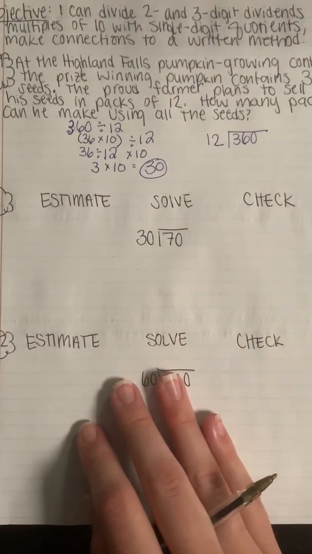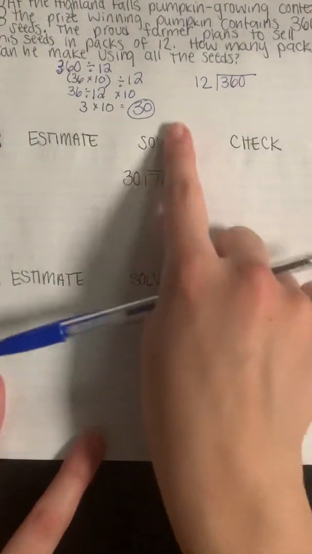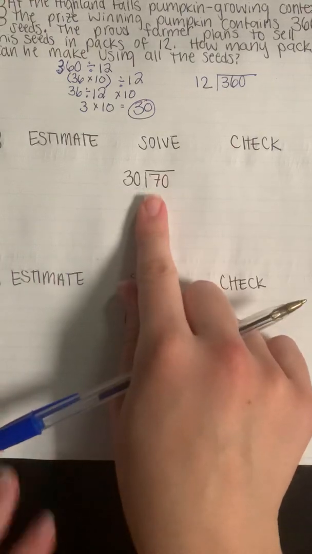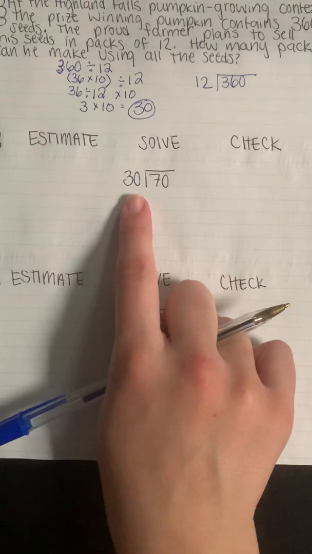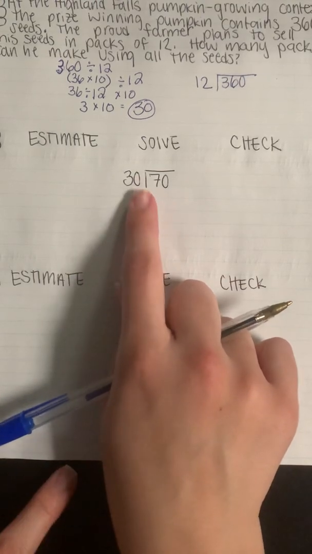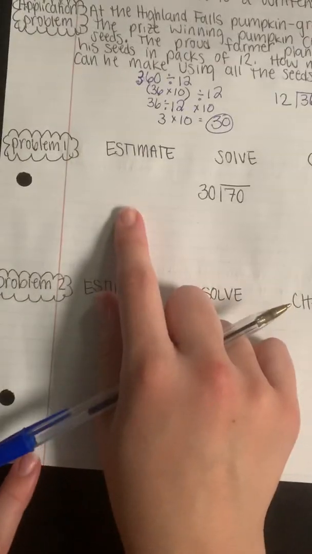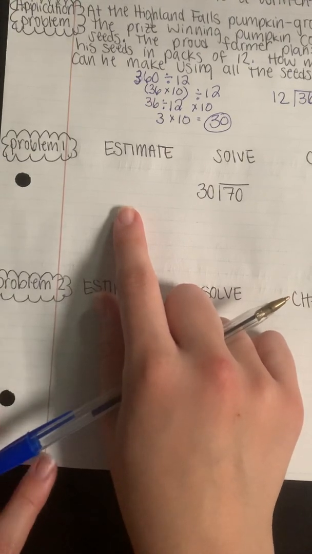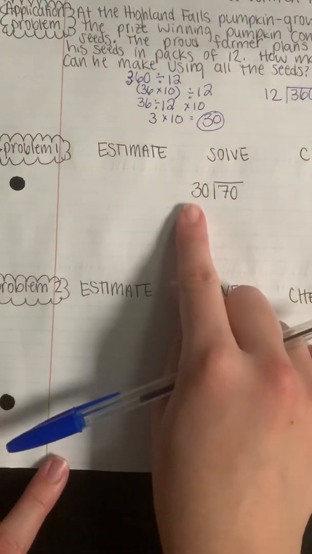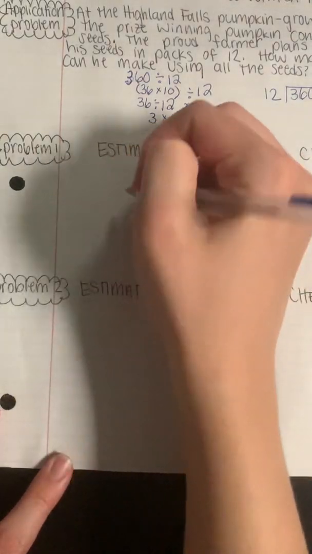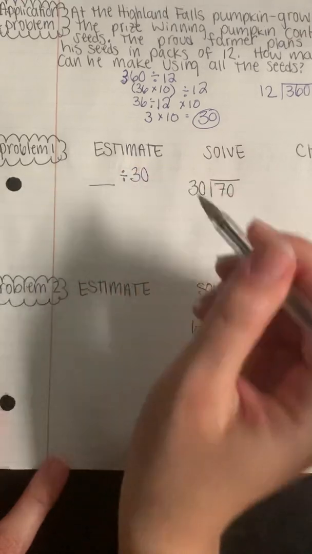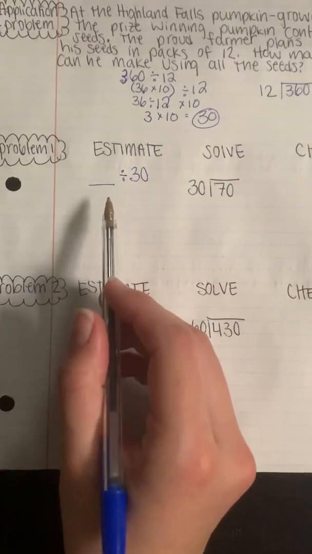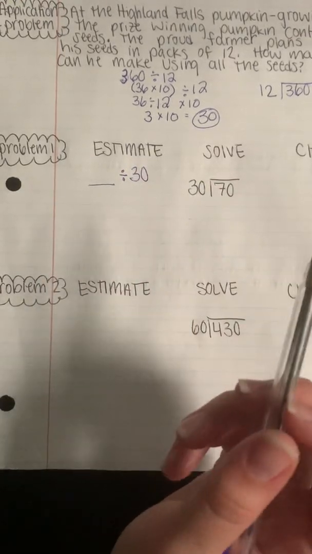Going into our actual skill practice today, let's look at problem 1. I wrote the problem in the middle under the solve column. So our division problem is 70 divided by 30. Before we can just jump in and solve it, we need to estimate. So the divisor is 30. We need a multiple of 30, like we practiced in our previous lesson, to make the division easy.